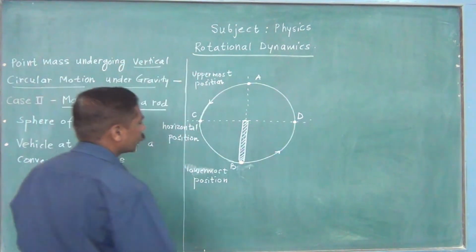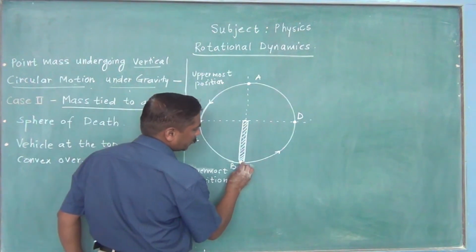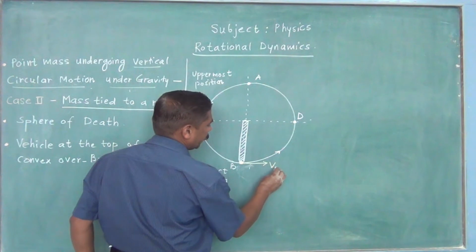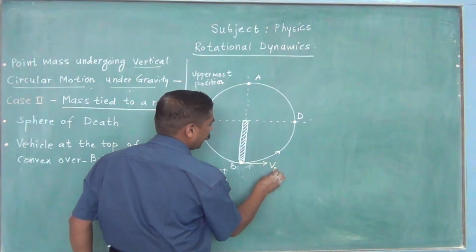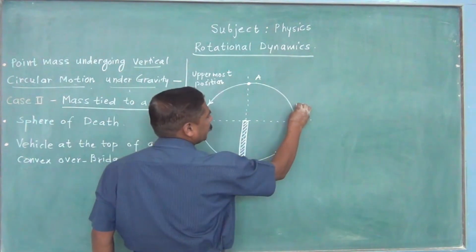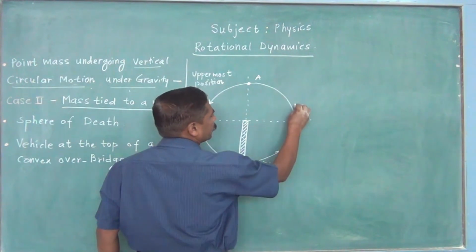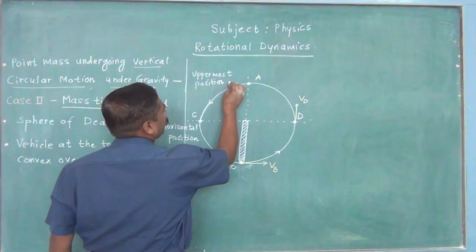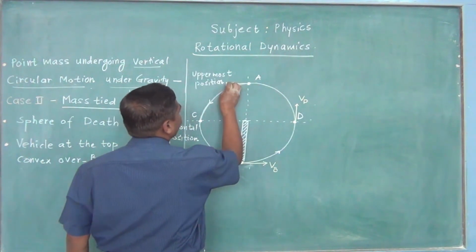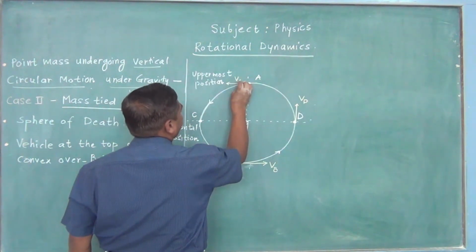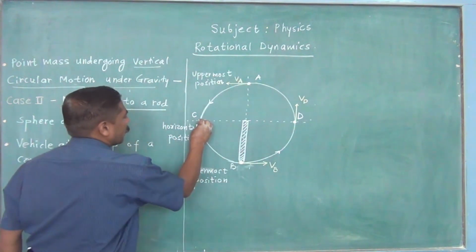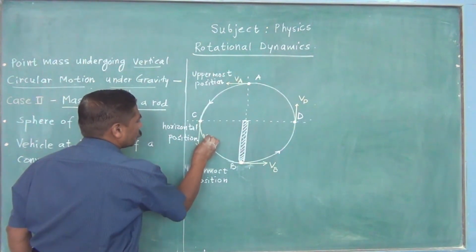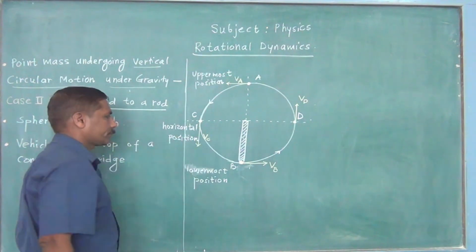So we can mention here the velocity at this point. Suppose it is denoted as Vb, then velocity at this point is denoted as Vd, velocity at this point is denoted as Va, and the velocity at point C is denoted as Vc.